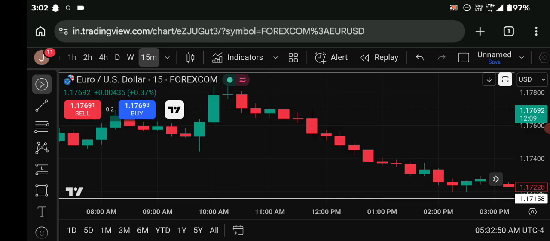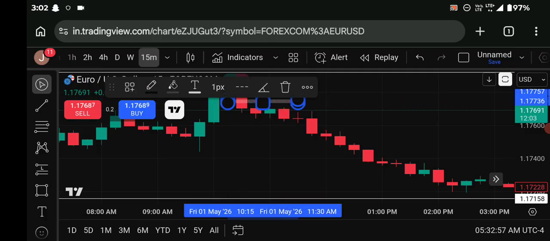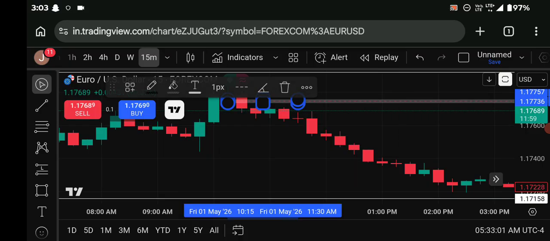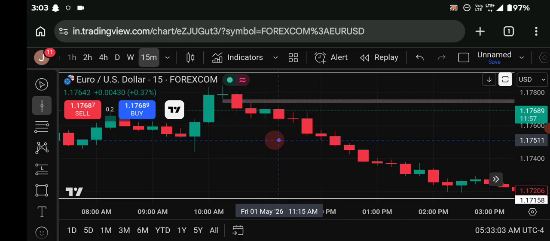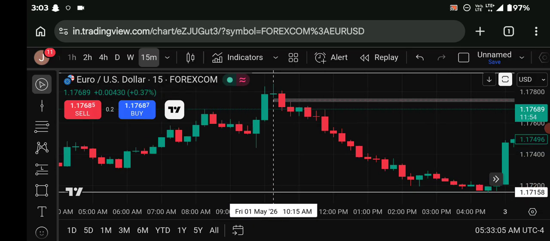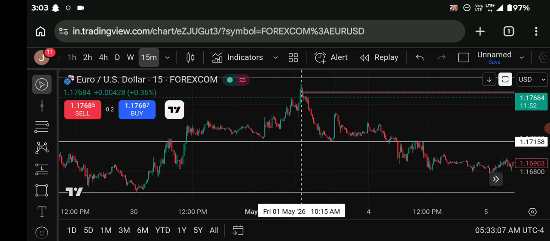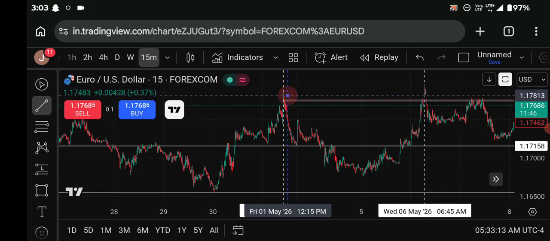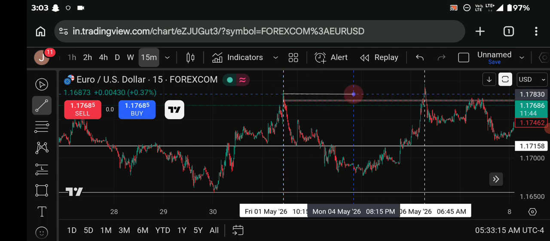Just a second, 10:15 AM. So here you can see this bearish fair value gap, let us extend it right. If we extend it right, you can see that this bearish fair value gap was disrespected and price made a buy side liquidity sweep, that is a higher high.